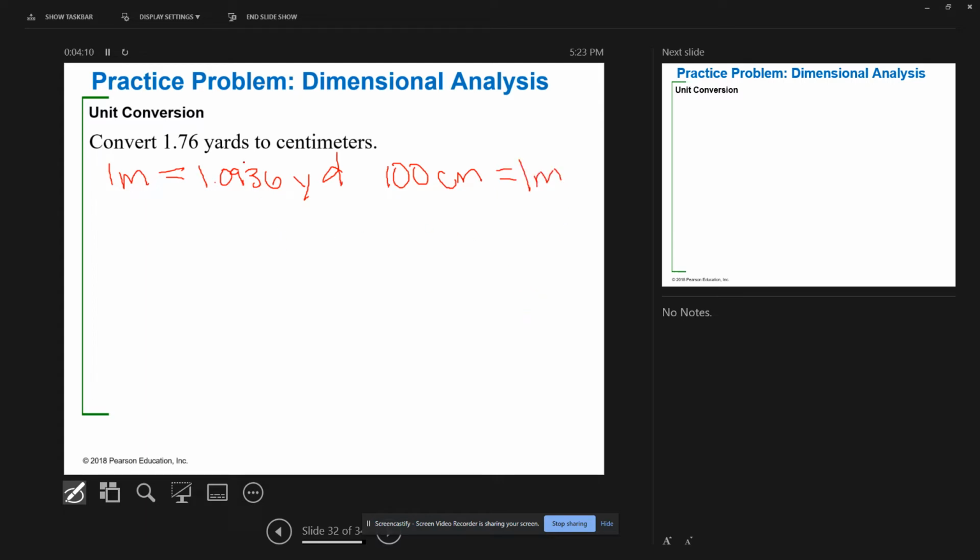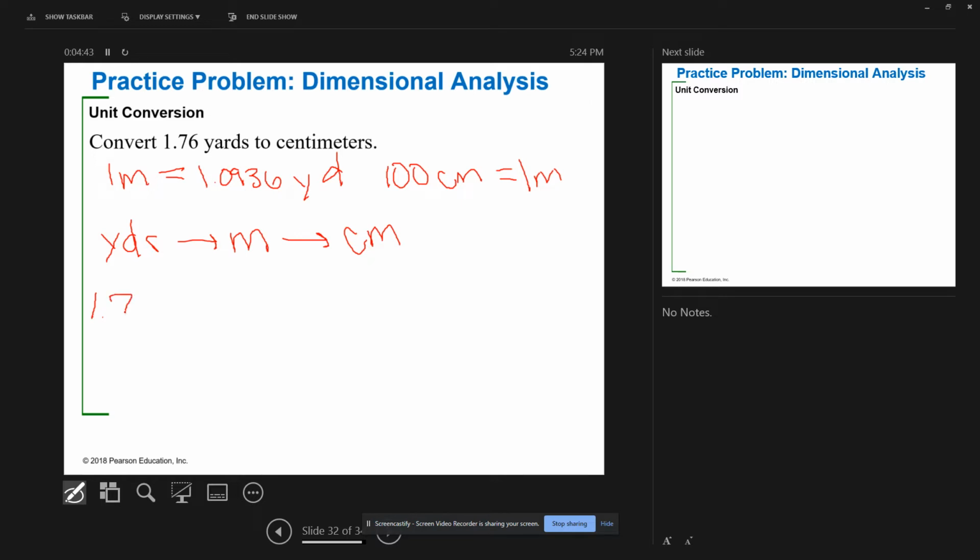So we need to realize here that we need to go from yards to meters to centimeters. So I'm going to set these up as ratios. It's either going to be 1 meter over 1.0936 yards or the reverse. And the same is true here. Always start with what you're given.